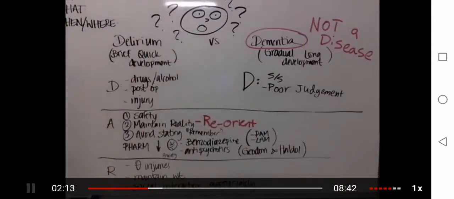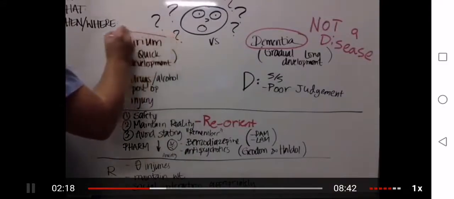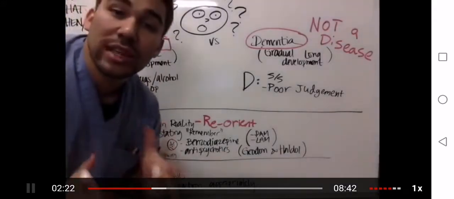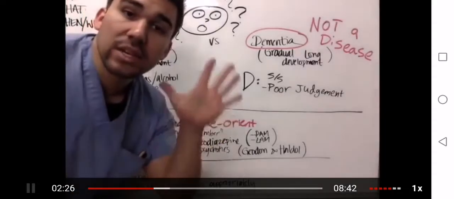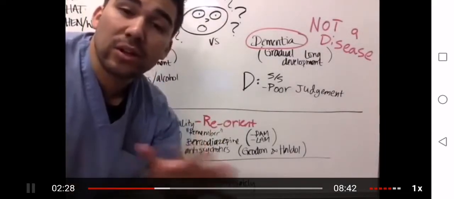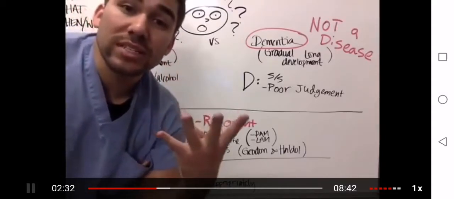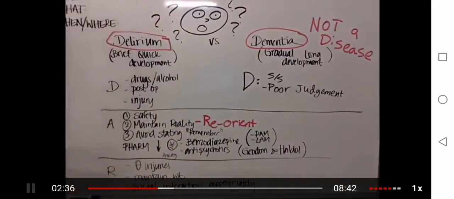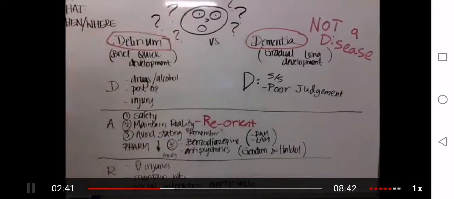Delirium and dementia are both conditions where we have altered level of consciousness. So we're not able to make rational decisions. We don't have alert and orientation times 4. Basically, we can't answer four questions like what's your name, birthday, who's the president, what's the date today, that kind of thing.